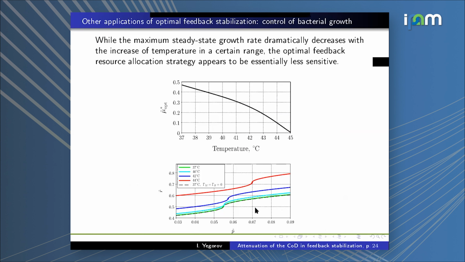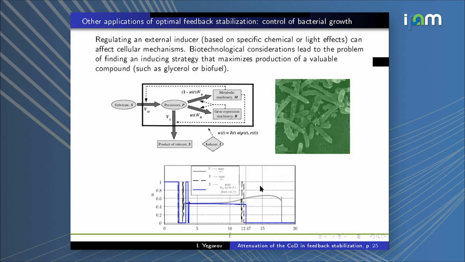So let me show also some results. And it turns out that our optimal feedback strategies are quite robust with respect to temperature. This is a very interesting result. Also, we can modify these models to consider biotechnological problems.